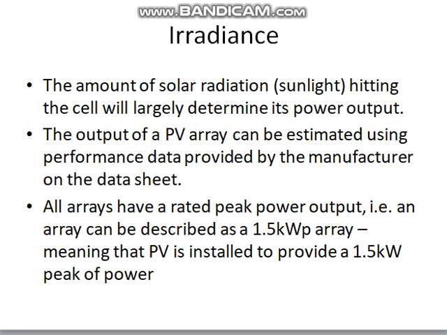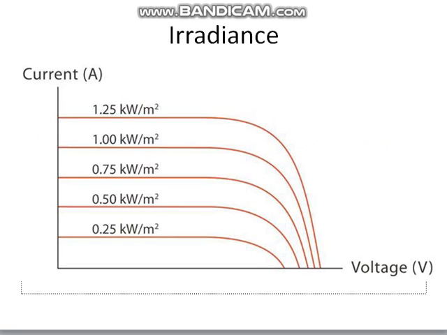See from the graph, we'll check the graph now. You can observe that voltage will never decrease too much, but what actually decreases is this: if 1 kilowatt is taken as standard, then as the irradiance decreases to 0.75, 0.5, 0.25, or increases to 1.25 and so on, irradiation directly affects the short circuit current.